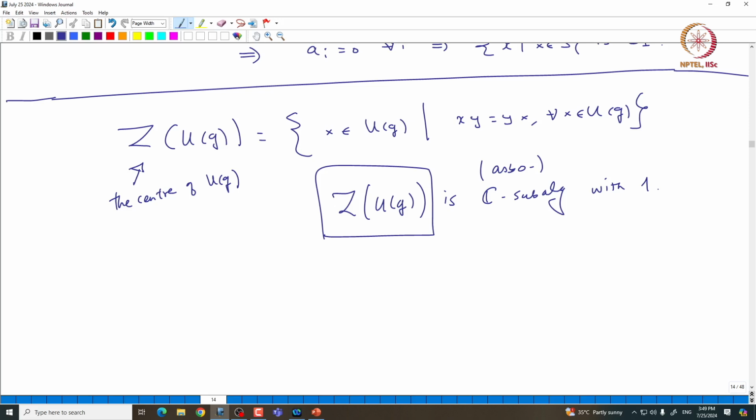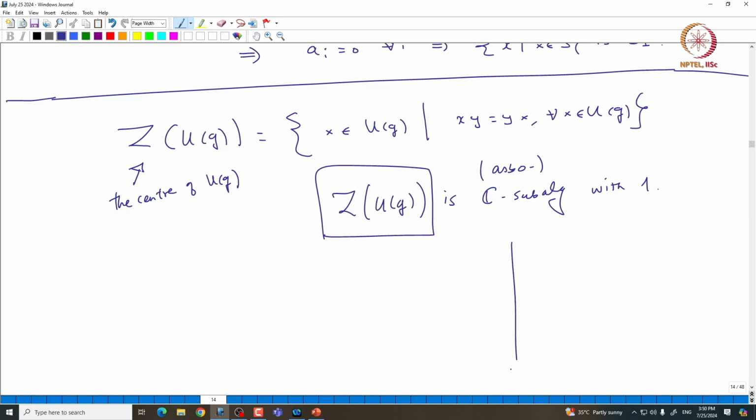But one can actually prove this using the theory of Harish-Chandra. He introduced what are called central characters. Using this theory of central characters, one can prove that the center of the universal enveloping algebra of a semi-simple Lie algebra is indeed really big. It is a polynomial algebra.